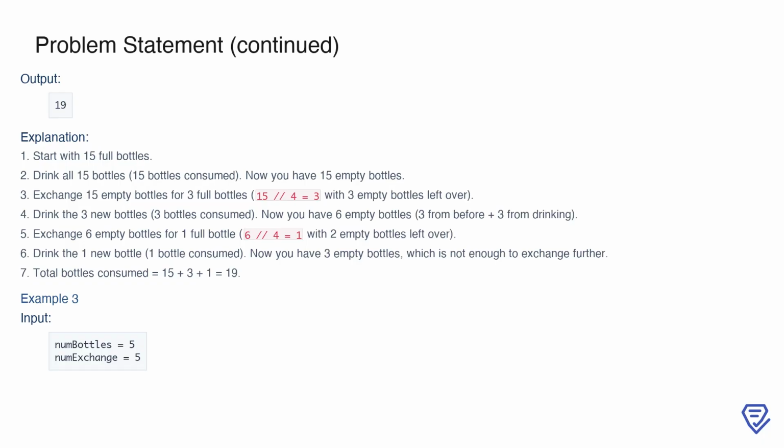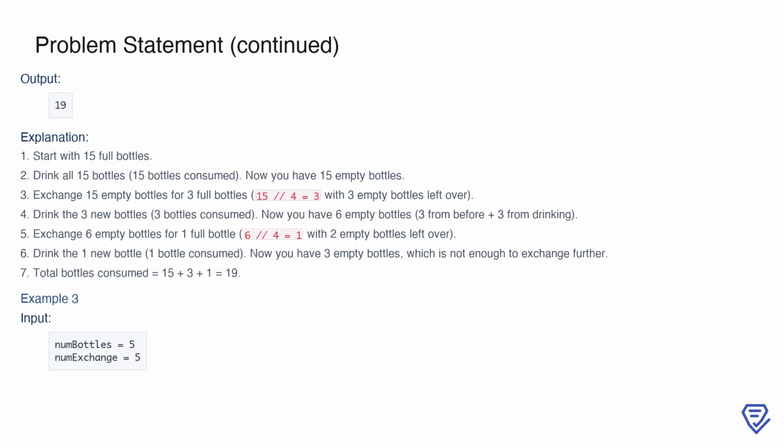Now let's look at another example with numBottles equal to 15 and numExchange equal to 4. You begin by drinking all 15 bottles, leaving you with 15 empty bottles. Since it takes 4 empty bottles to exchange for one full bottle, you can exchange 15 empty bottles for 3 full bottles, with 3 empty bottles left over. After drinking these 3 new bottles, you now have 6 empty bottles in total, 3 from the previous leftover and 3 from the bottles you just consumed.